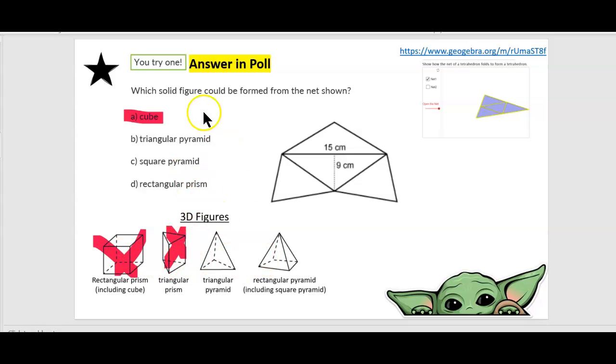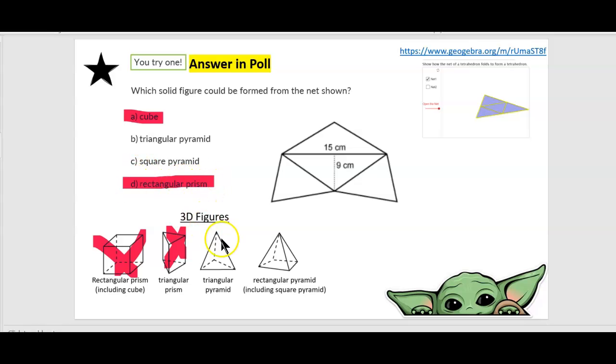These choices don't seem to match these up here. Cube, triangular. Why does that say pyramid? Oh, there's a triangular pyramid. They're out of order. A square pyramid or a triangular? Oh, the rectangular prism. That's a triangular prism. So these choices aren't listed correctly.